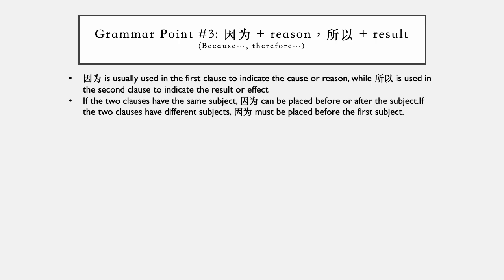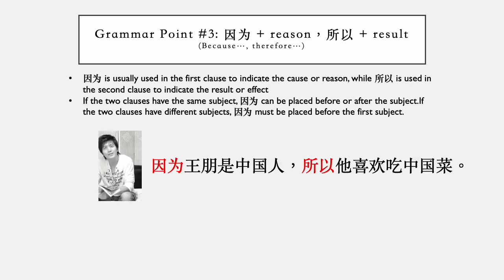So 因为 is used in the first clause to indicate the cause or reason, and then 所以 is going to be used in the second clause to indicate the result or the effect. And it's important to remember that the two clauses have the same subject. 因为 can go before or after the subject. But if the two clauses have different subjects, 因为 must be placed at the beginning of the sentence, before the first subject.